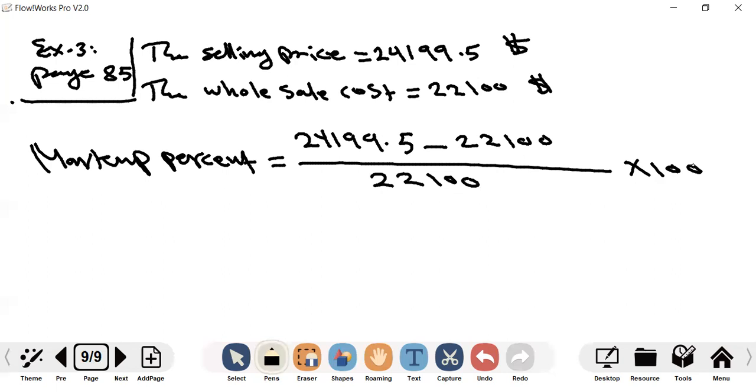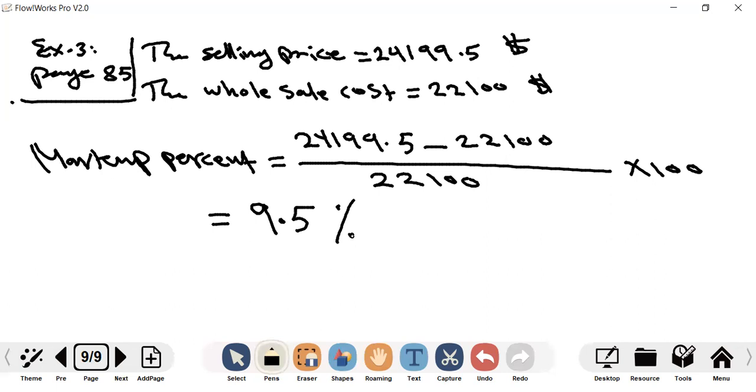Now let's find it. 24,199.5 minus 22,100 equals something, divided by 22,100, multiplied by 100. It is equal to 9.5. Dollar? No. Percent. This is the markup percent. You understand it?